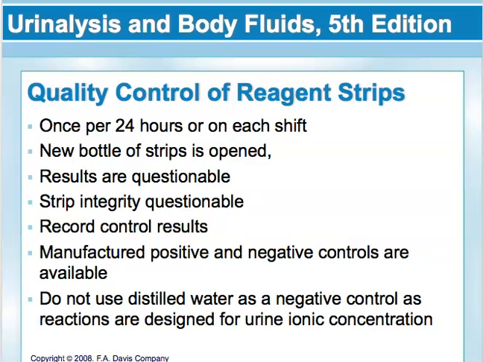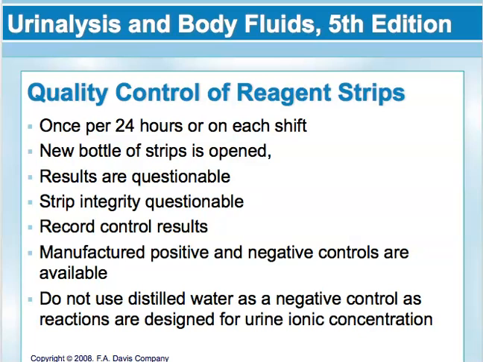Controls have to be properly documented per your lab's protocol, and manufactured positive and negative controls are available. Results have to be within those manufacturer's guidelines for the results, and you have to be aware of the manufacturer's limitations and possible interfering substances.